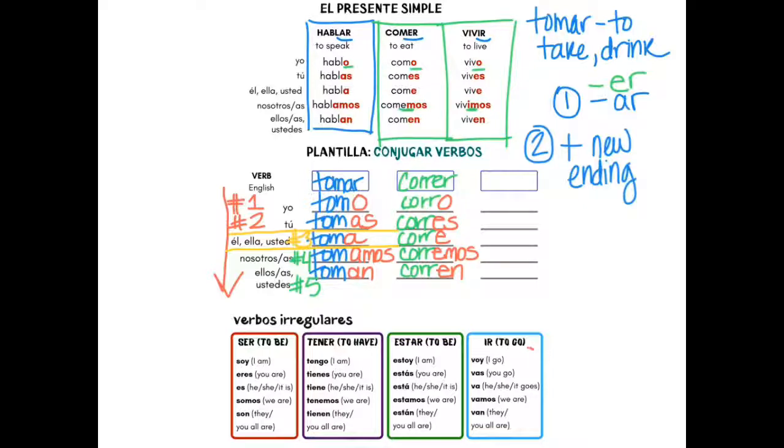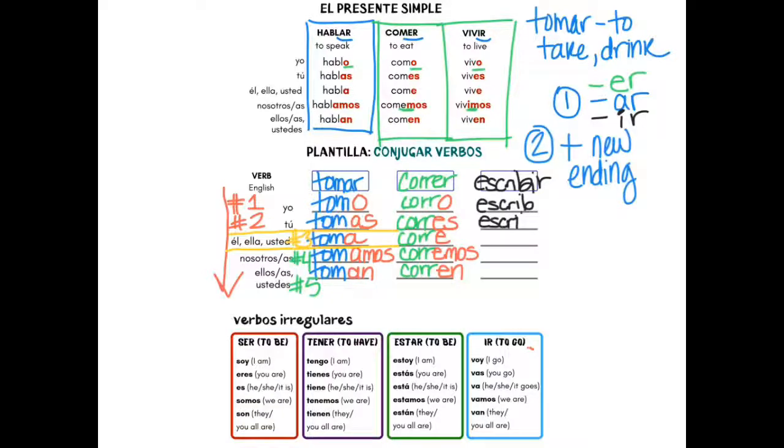Now for the IR verb, how about we do escribir? Escribir means to write. It's a little longer, but don't be intimidated. We're still going to do the same thing. We're going to take off the IR, and I'm left with my word root, escrib.